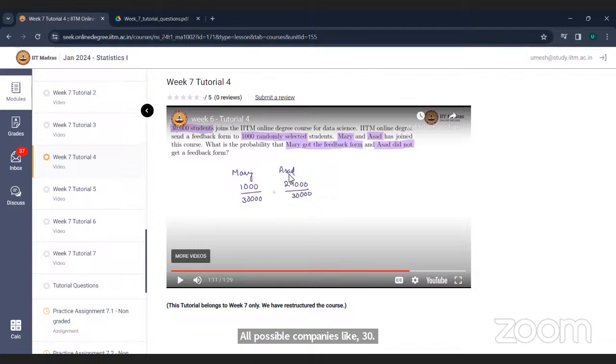Instead of this you can choose what? Remove Asad from your 30,000 students and send the feedback form to 1,000 students. How many ways can this happen? That's 1 minus 1,000 by 30,000. That's 29,000 by 30,000. Now you got it.